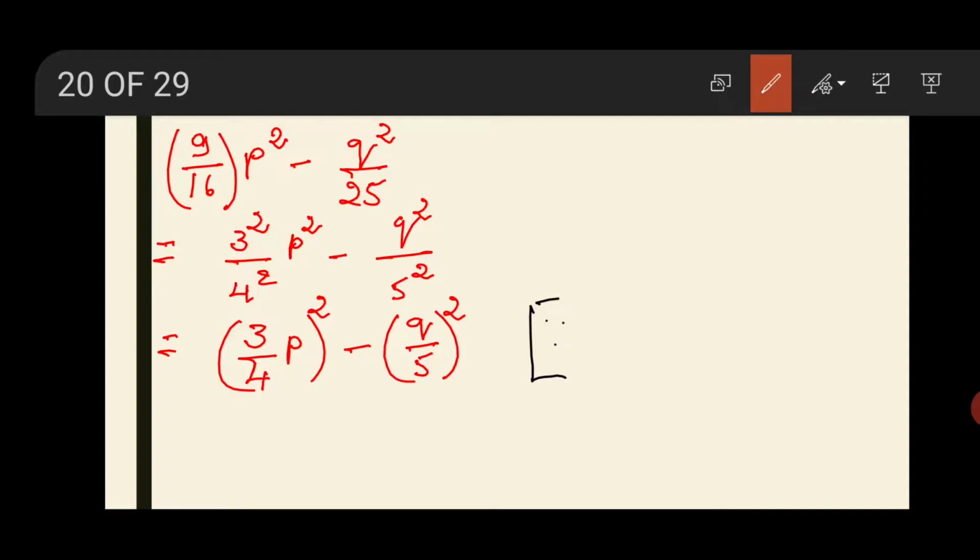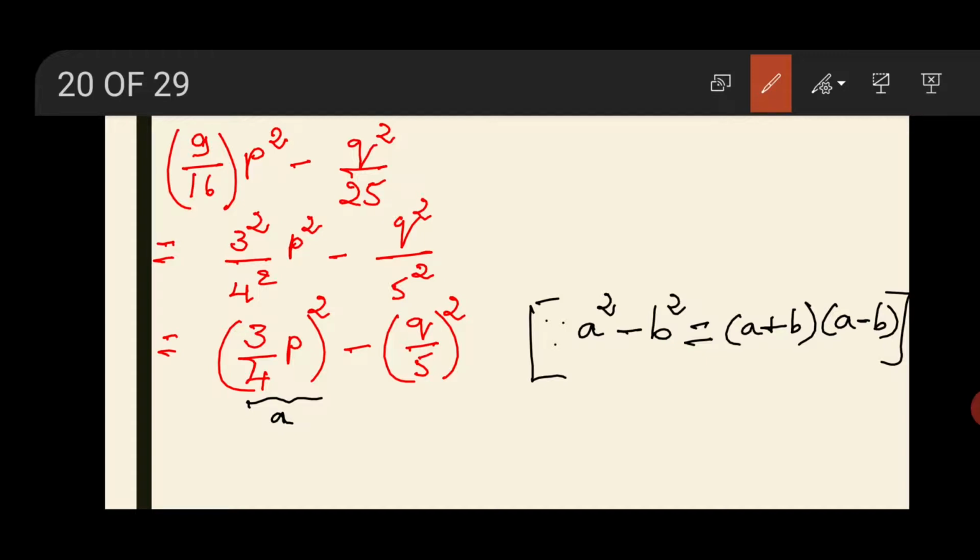Can you tell me? a square minus b square is equal to what? (a plus b) into (a minus b). So what is the value of a here? 3 divided by 4 p is the value of a and q divided by 5 is the value of b.